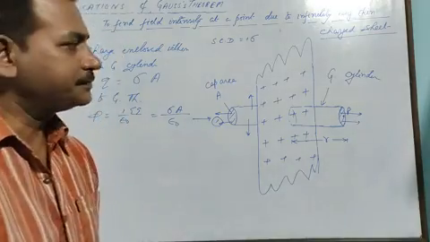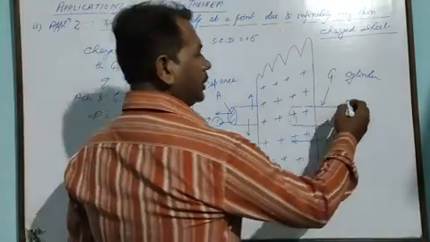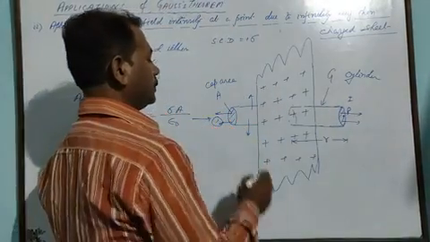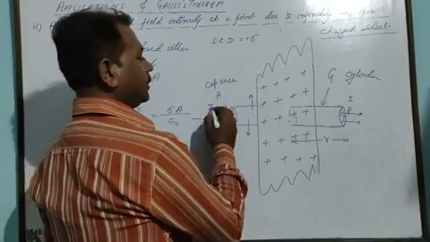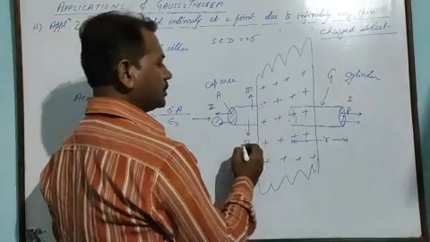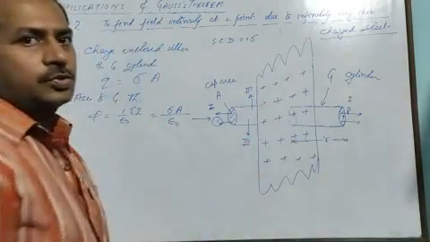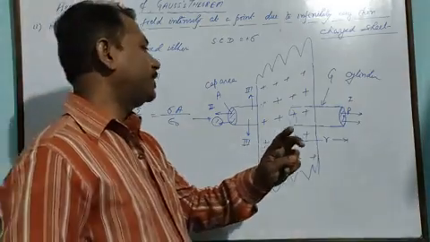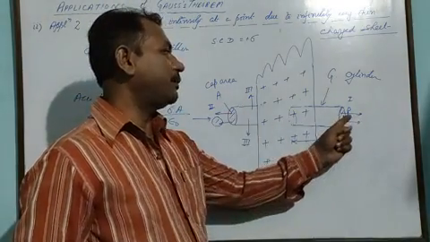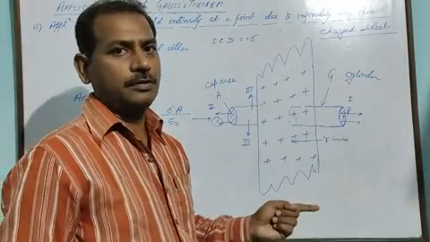Think of it first: I am taking this area as the first zone, this area as the second, and this is third, this is also third because it is a curved surface area. So there are three types of area: left side cap area, right side cap area, and the curved surface area.